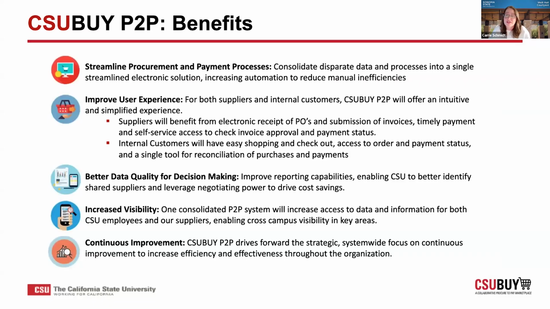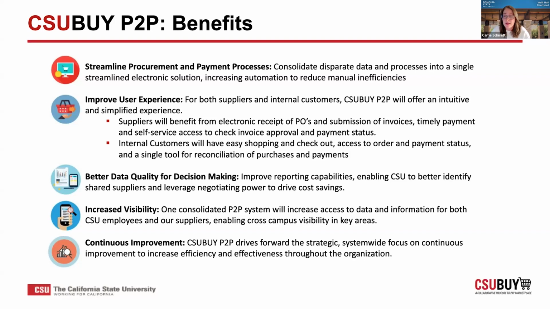The platform offers a range of valuable benefits. For suppliers, it ensures timely payments and provides convenient self-service tools to track invoice and payment status. For internal users, it streamlines the purchasing experience and automatically routes requisitions and purchase orders to include all necessary financial and compliance approvals.